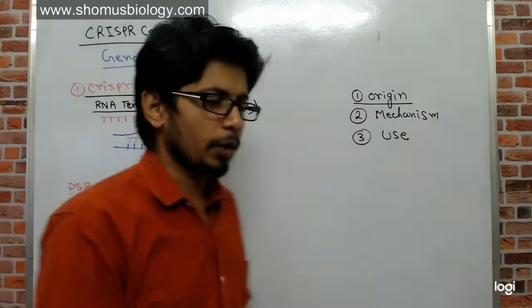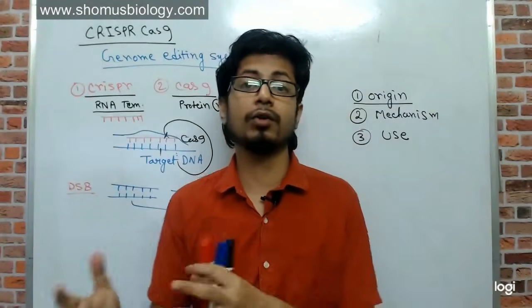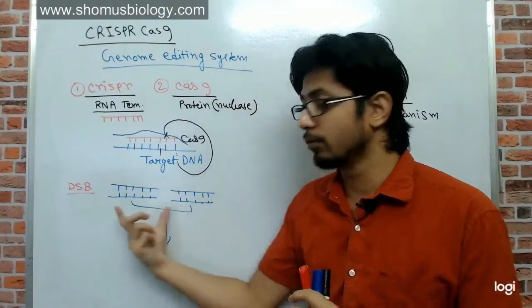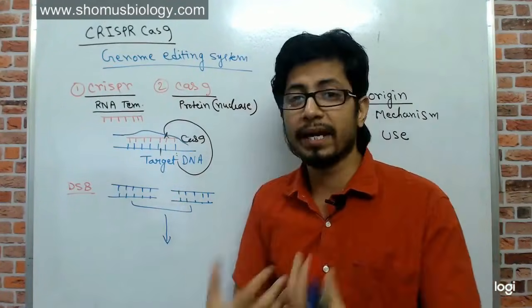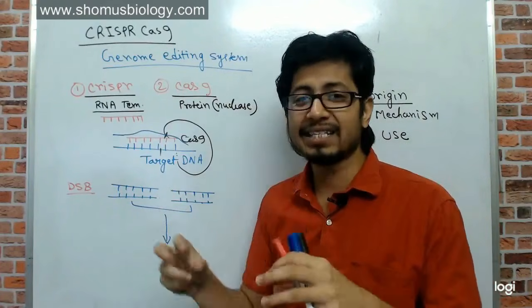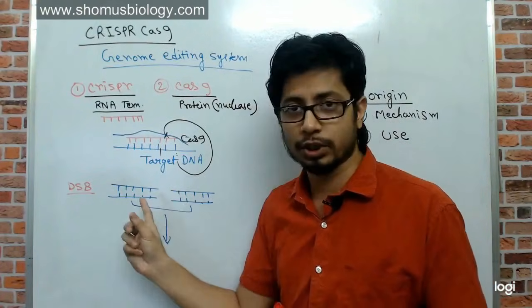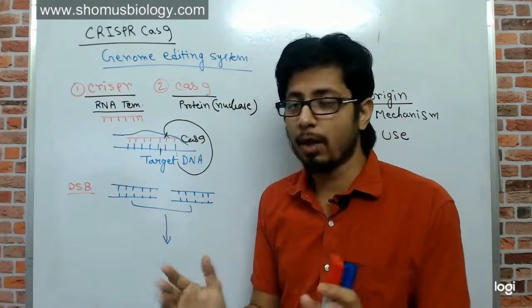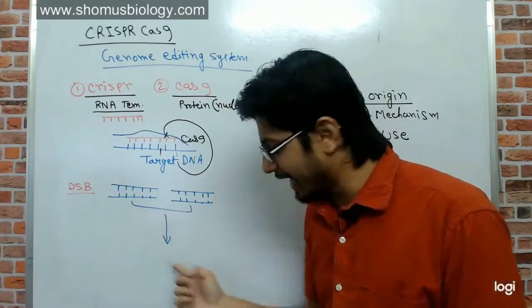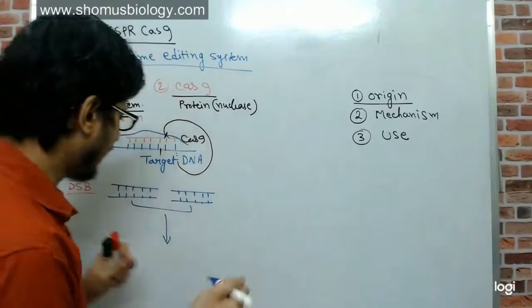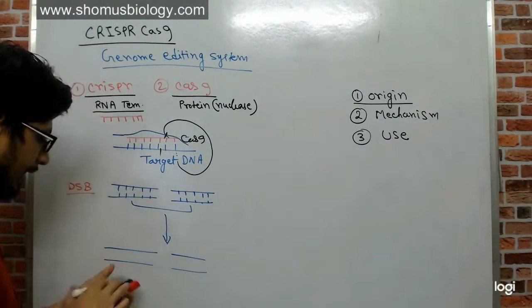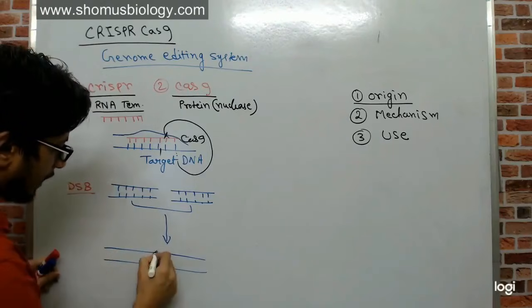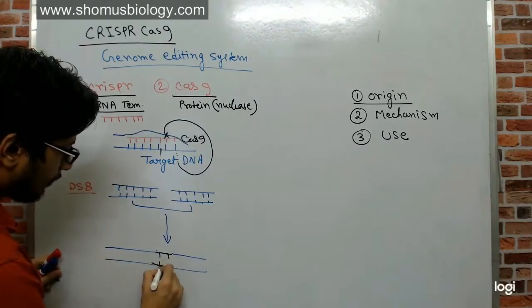Both of these processes, particularly non-homologous end joining, are error prone. That means the process may conduct, but it may add some erroneous nucleotides in this position, because some of the nucleotides may be lost, as a result of which at the end we get a DNA which is probably intact, but that DNA may contain some nucleotides in the center which are not wanted.